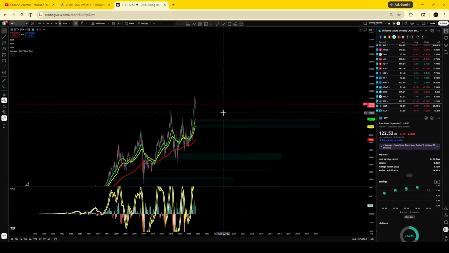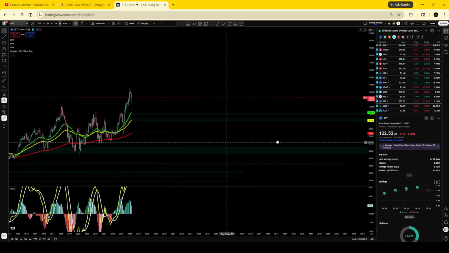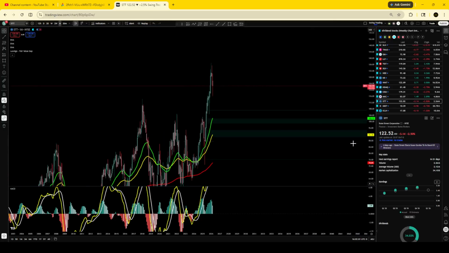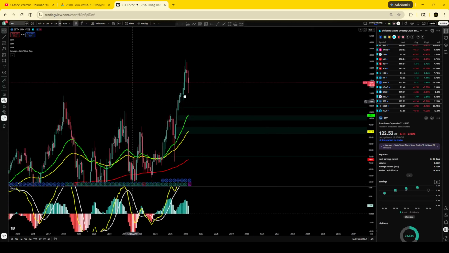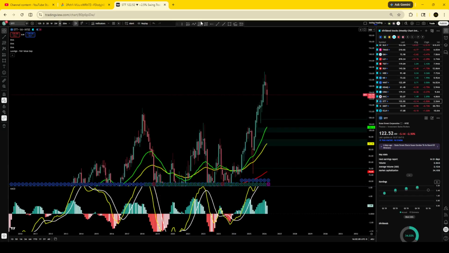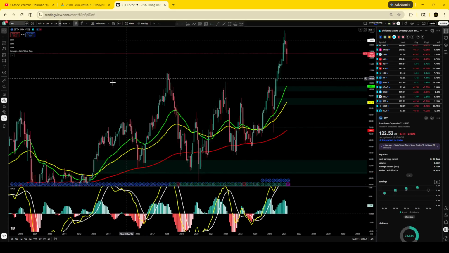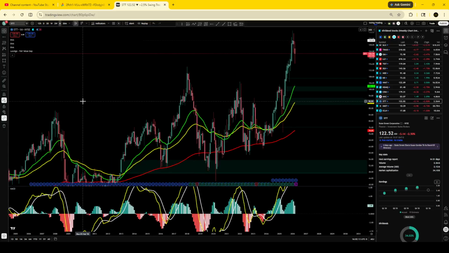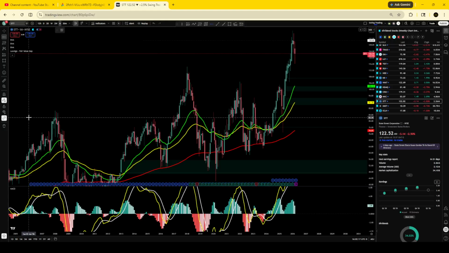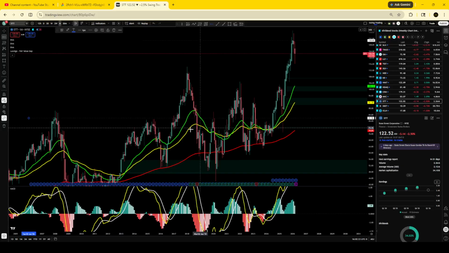So I would go to the monthly, see where price likes to go, and I will put a line there. Price likes to hang out right here. Look at all these touches.